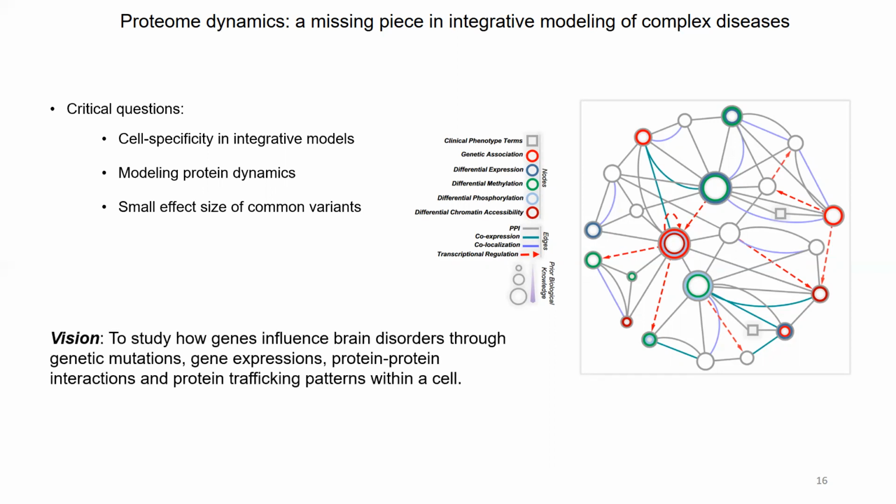Therefore, in continuation of this thread of research, a vision is to create a computational tool for integrative modeling of interconnected data modalities to characterize unknown genetic drivers of a complex brain disorder.